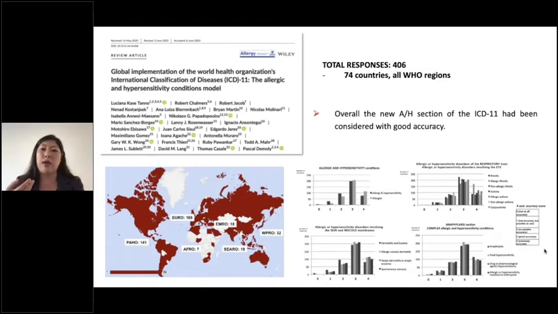In this paper, we had the representation of 74 countries from all WHO regions, and the main conclusion was that we have a very good accuracy of all terms and definitions we proposed.